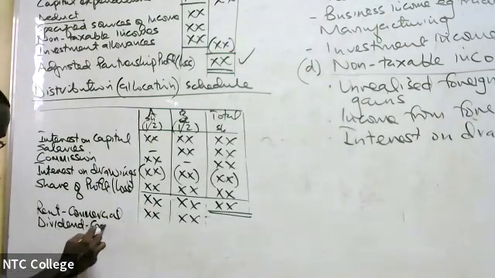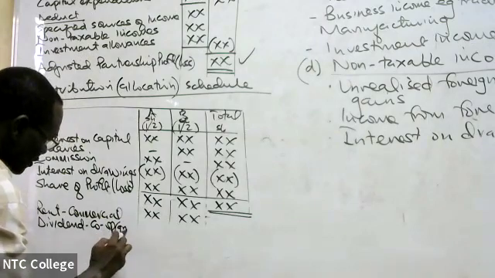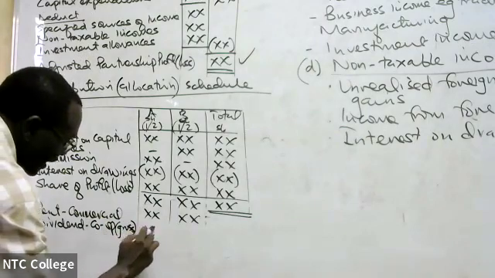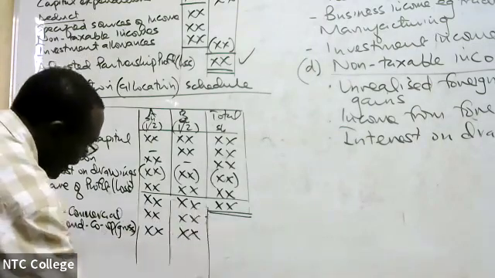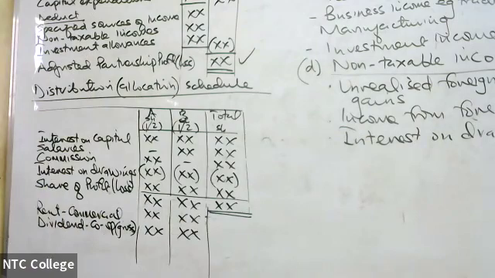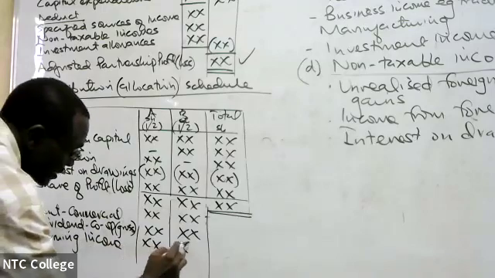This is dividend from farmers for all, and it must be gross. A gets his share, B gets his share, and they could also be having farming income. These are other sources. A gets his share, B gets his share.